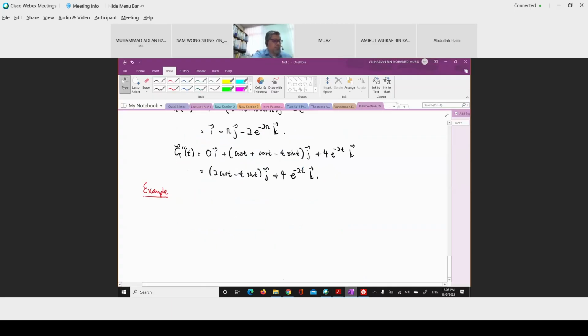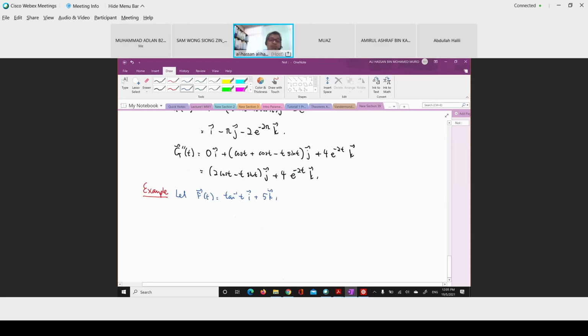Let's see an example. Let F(t) be a vector function equal to the inverse tangent of t times vector i plus 5k.